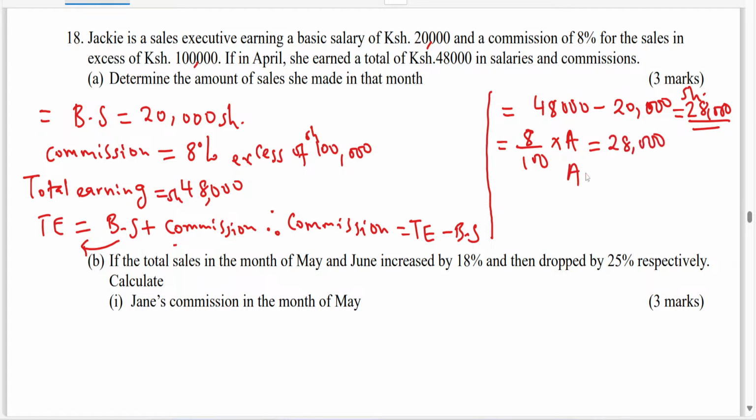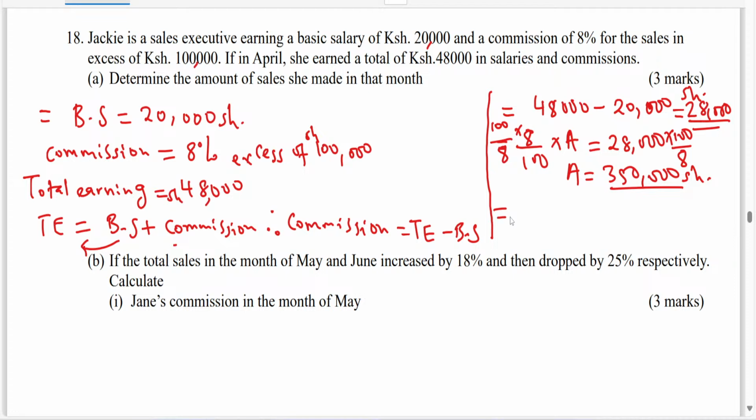So A equals 28,000 times 100 over 8, which gives around 350,000 shillings. But this is not our answer yet.